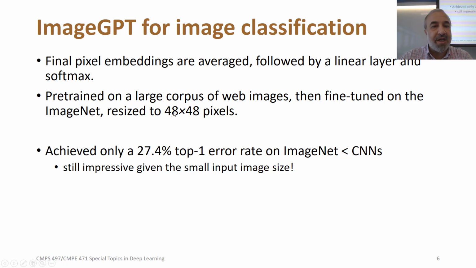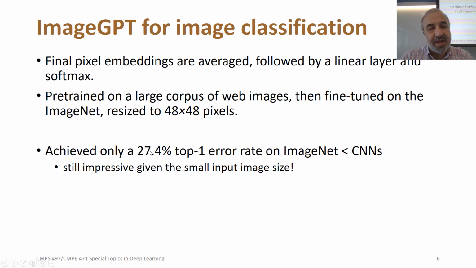Imagine here the image size is 48 by 48. The original images in ImageNet were, I think, 256 by 256, we mentioned that last time. Yeah, okay, 228 by 228. Still, this is much smaller.